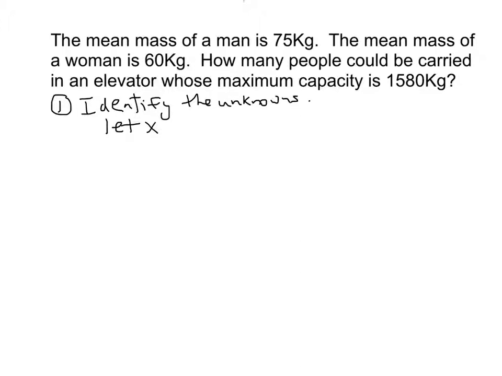The number of men. Okay. So we're going to let x equal the number of men. What are we going to let y equal then? Number of women. So we don't know how many men there are, we don't know how many women there are. So let x equal number of men, let y equal number of women.